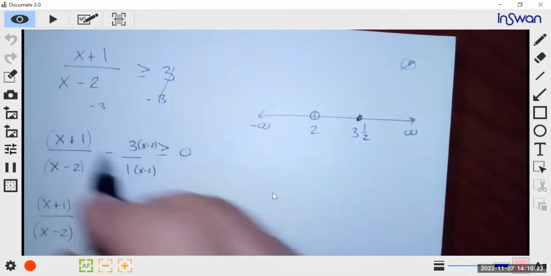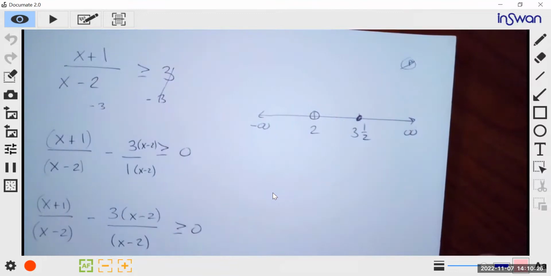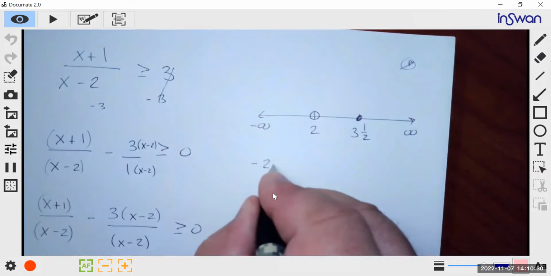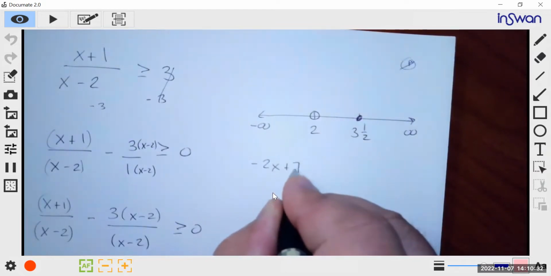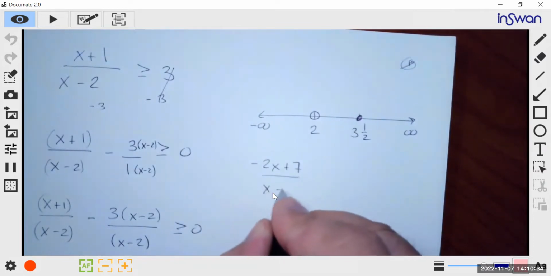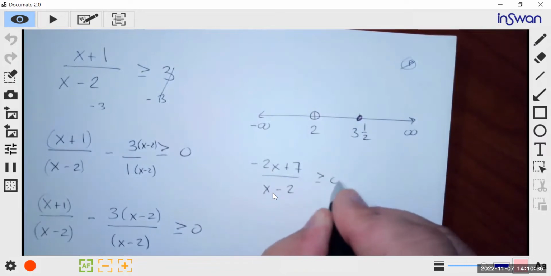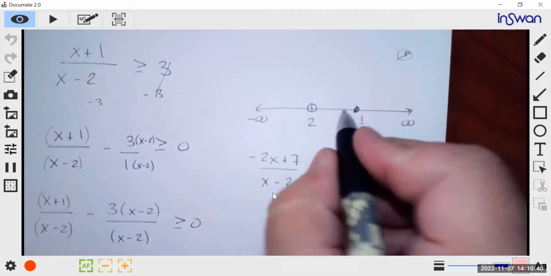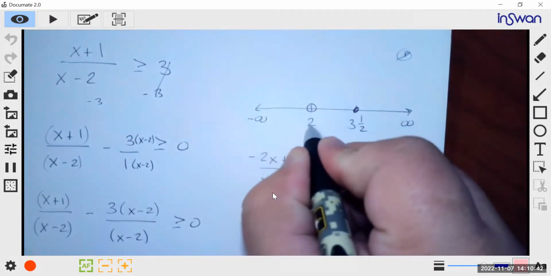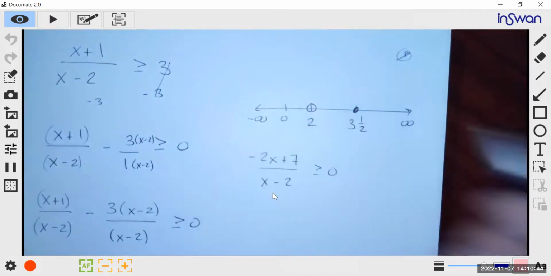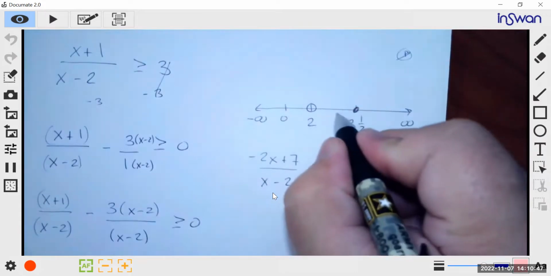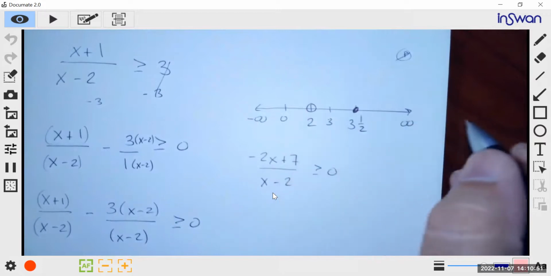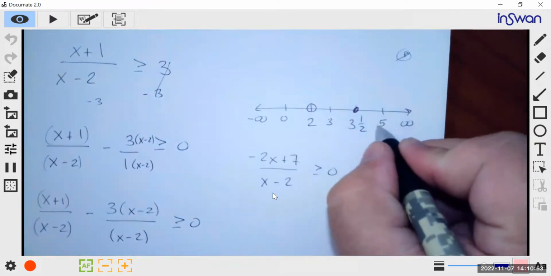And there's the equation, or let's see, we'll use that equation. Pick some test values. So less than 2, if we can use it, always use 0. Between 2 and 3 1/2, let's use 3. And let's use 5.